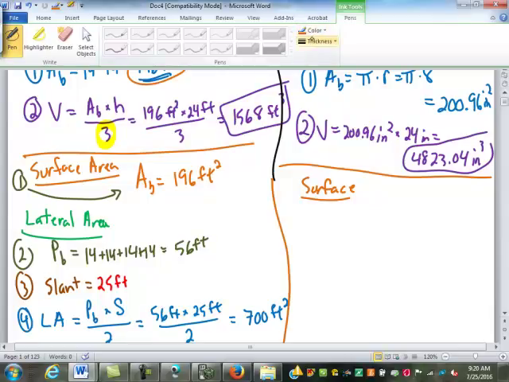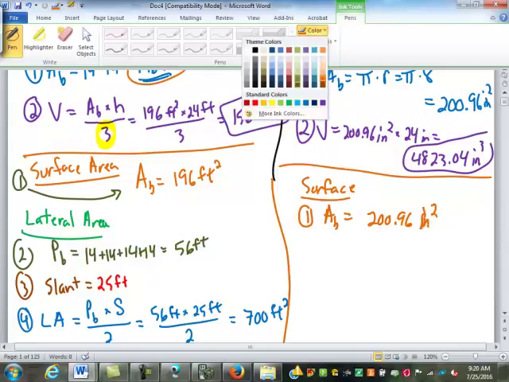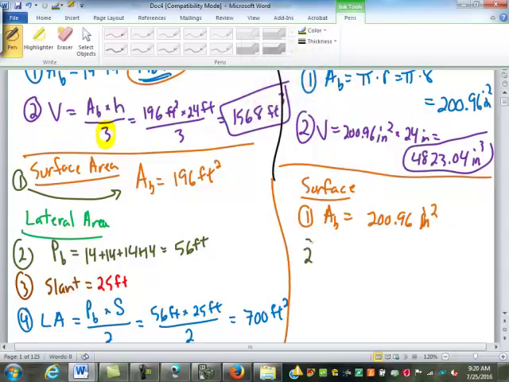So step one is our area of our base again, which we already have is 200.96. We already did that for our volume. The next step, for lateral area, we need to find the perimeter of our base, which is just going to be pi times diameter because it's a circle.